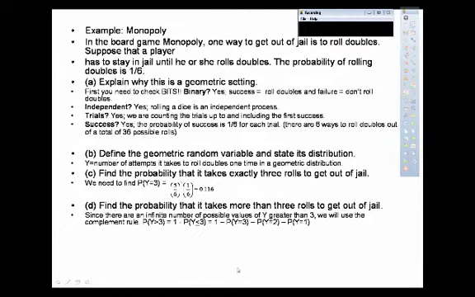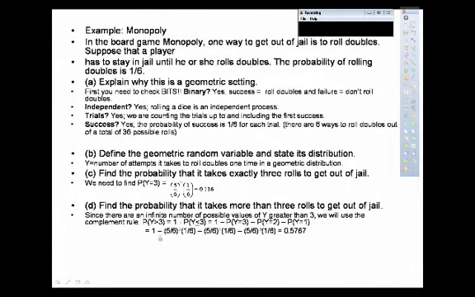Find the probability that it takes more than 3 rolls to get out of jail. Since there is an infinite number of possibilities of y greater than 3, we'll use the complement rule. So we're going to use 1 minus the probability that y is less than or equal to 3. And again, we'd find it this way.